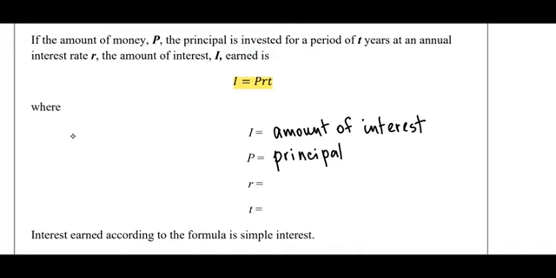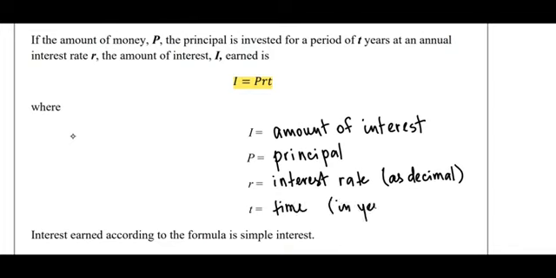R is the interest rate. So the interest rate will be expressed as a decimal. It will need to be converted to a decimal. And T is time, and the default measure for time is years.